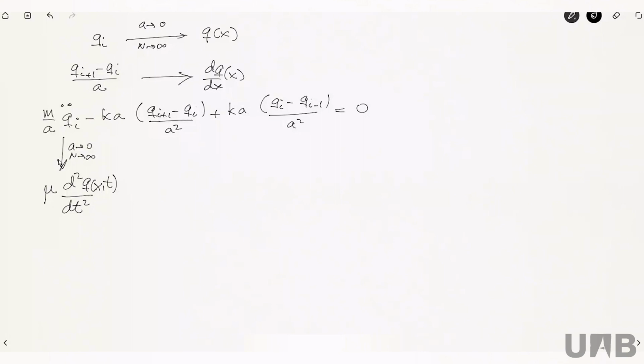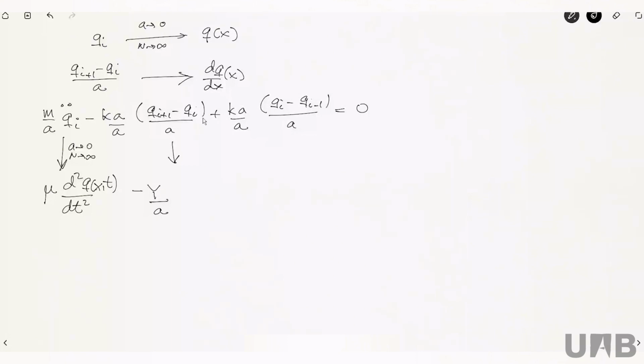Now, how about here? Well, minus ka is minus y. This is Young's modulus, as we were talking about. Let me put this a here momentarily. So that's going to be Young's modulus divided by a.